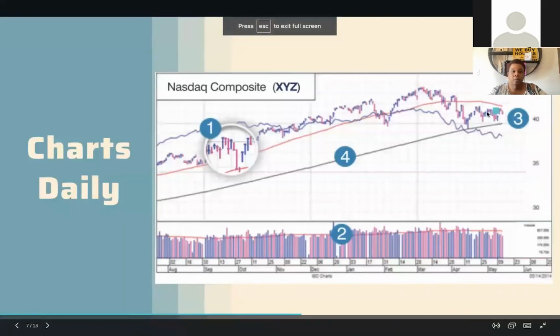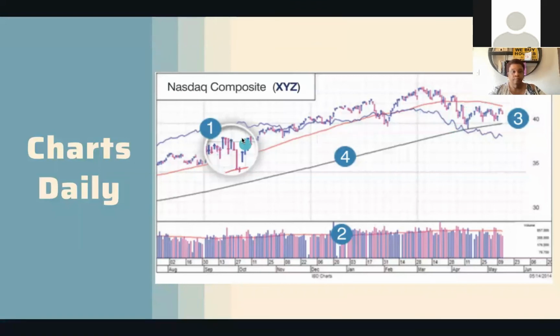Just to see it in a bigger light with the magnifying glass, as you can see here, this almost touched the line. But you can see it was a big sell-off here. If you see a lot of red lines versus the blue, that's telling you something.